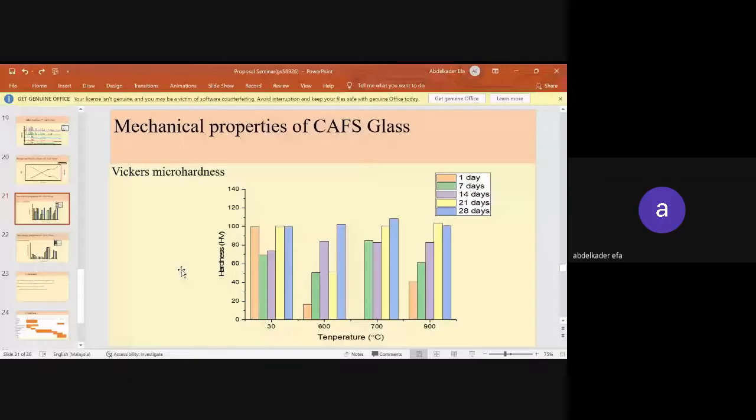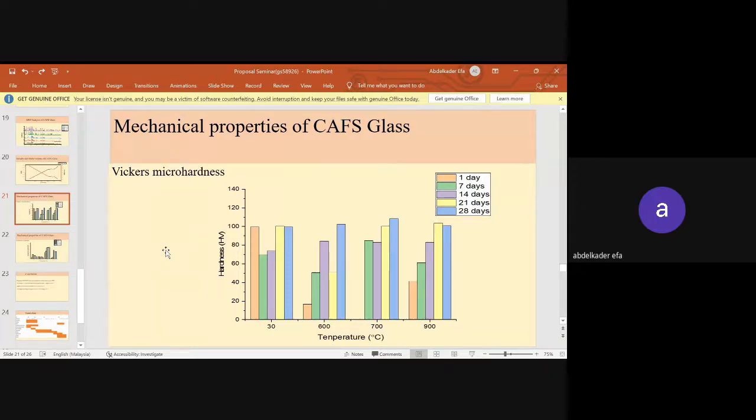Yes, this slide, the 21st. You mentioned about the Vickers hardness. Why is the value decreasing after 700 degrees Celsius?